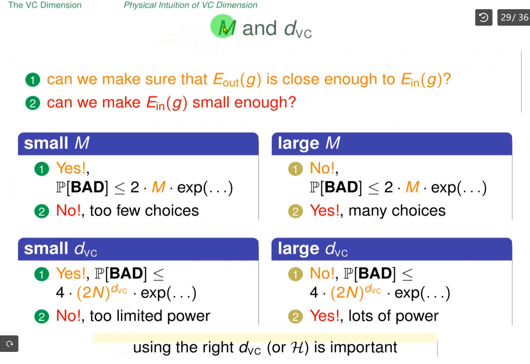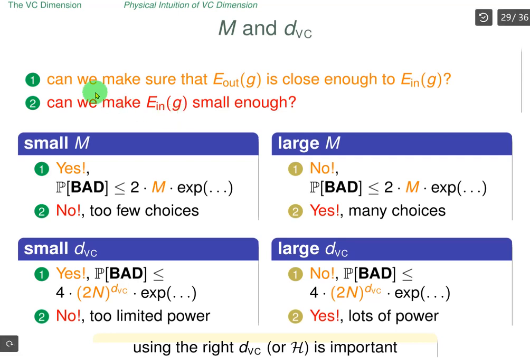Now let's talk about M and VC dimension. M is the number of hypotheses. Let's also revisit our two central questions. First, can we make sure that out-of-sample error is close to in-sample error for this chosen g? Second, can we make sure in-sample error is small enough?